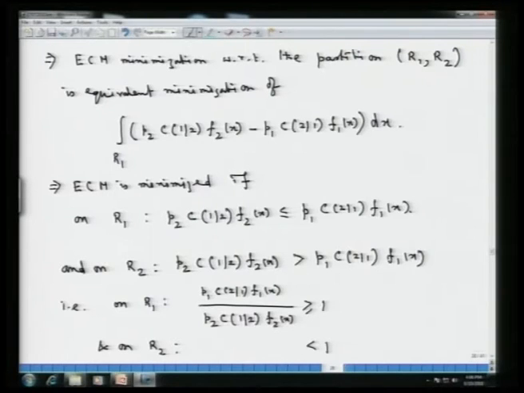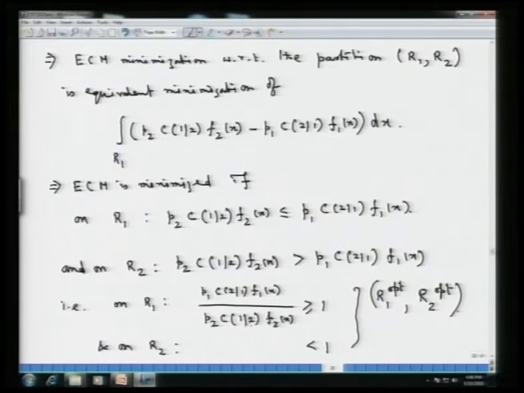If we have this to be the optimum partition, we call it R1 opt, R2 opt. So this is the optimum partition, R1 opt and R2 opt. This is what we are led to.